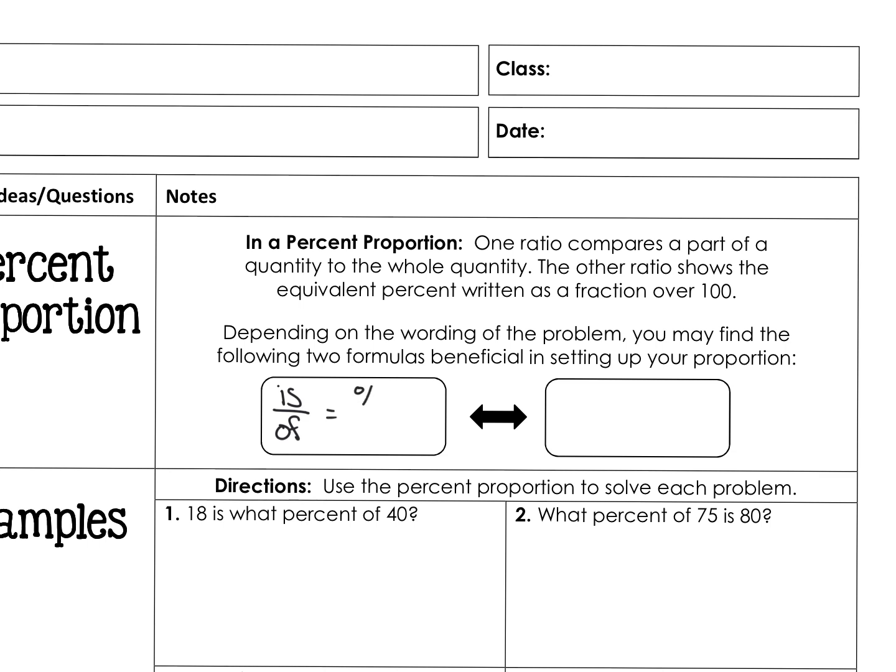And it's always going to be the percent compared to 100 because percents are always out of 100. The other way you can look at it is you're always comparing a part of a whole, and percents are always a part compared to 100. So let's look at just a couple of examples, and then we'll move on to the second page of our notes, which has some word problem applications, and we'll look at those as well.